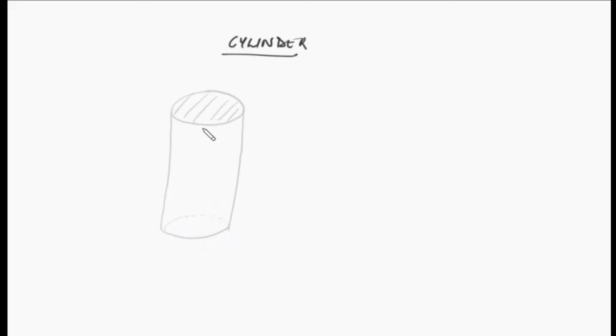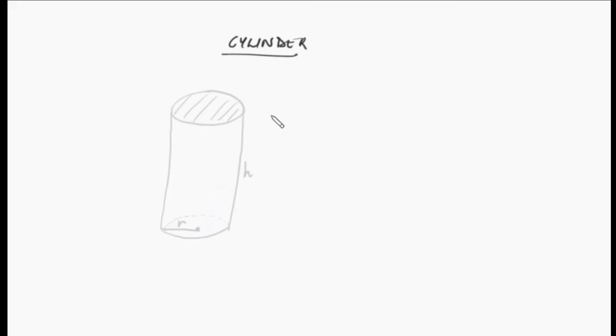So now this is the cylinder. The dimensions on the cylinder would be the radius, up to the center here we have the radius, then we have the height. The radius and the height. Now this is the circumference of the circle.